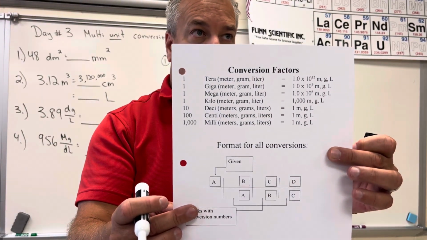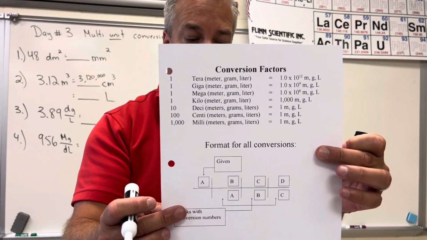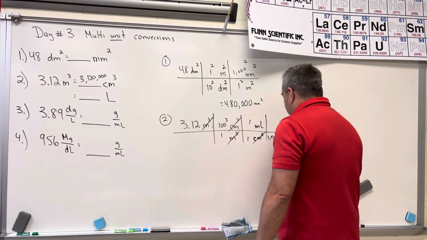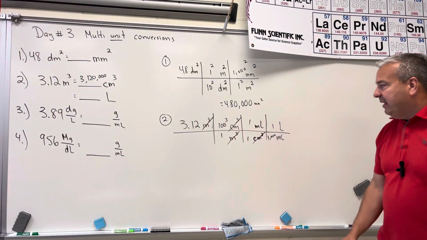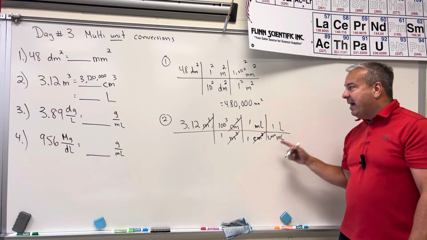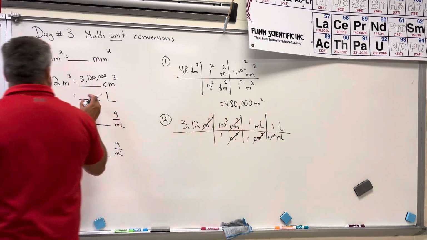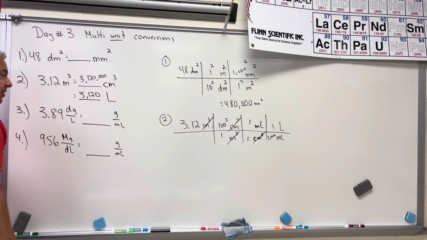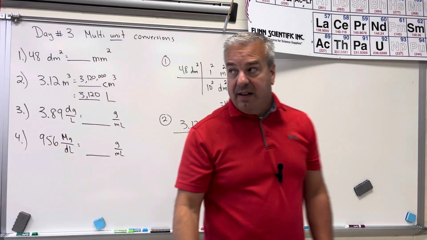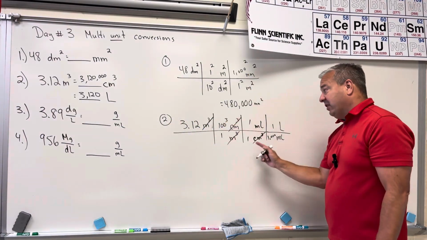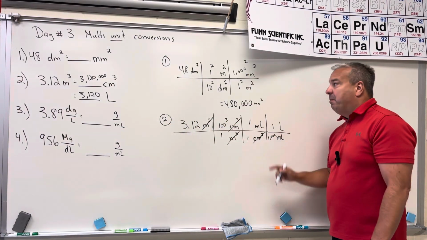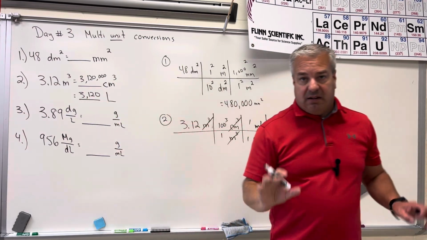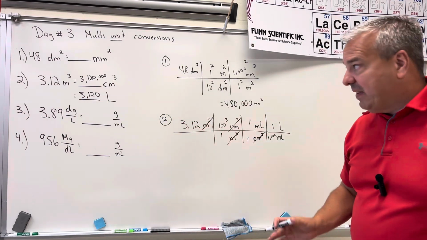That's 1,000 to 1 between the milli unit and the base unit. So 1,000 milliliters for every 1 liter. And if I do all of this math, the answer comes out to be 3,120 liters, okay? Because basically my last answer, times 1 divided by 1,000. So I lose those 3 zeros, and it comes out to 3,120, okay?